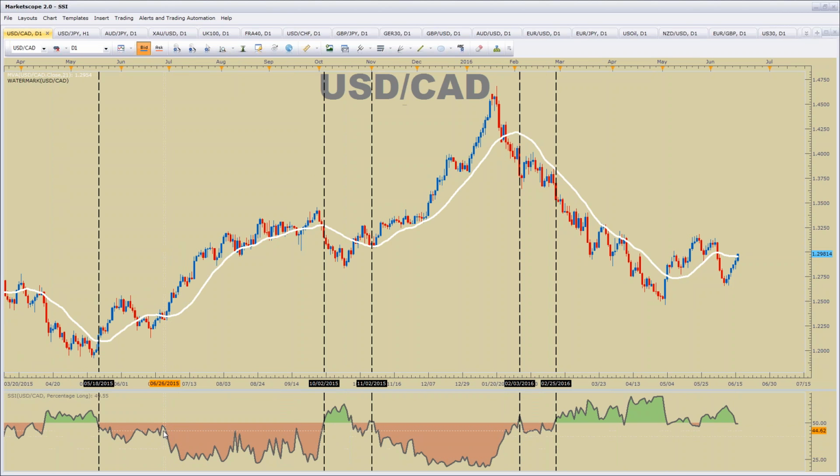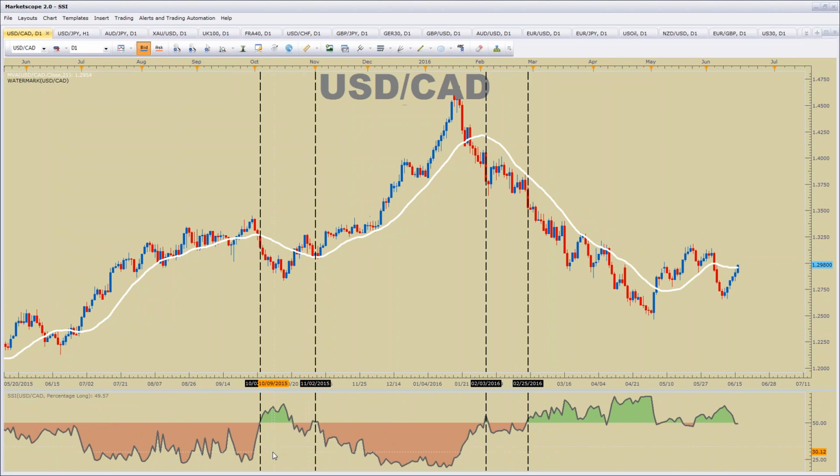So when you see these aggressive moves down, or even these aggressive moves up, that's what's helpful about this, and something that historically has not been available. Typically you just saw the ratio, and that was helpful, but at the same time you didn't know if we were more bearish yesterday than we were today.